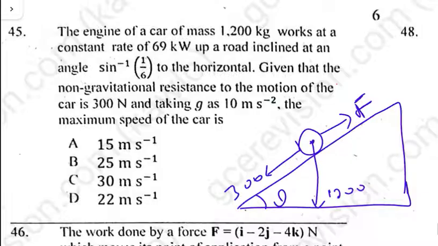This is theta, and of course you have this mg sine theta. So 1200 times g times sine theta, which is 1 on 6.